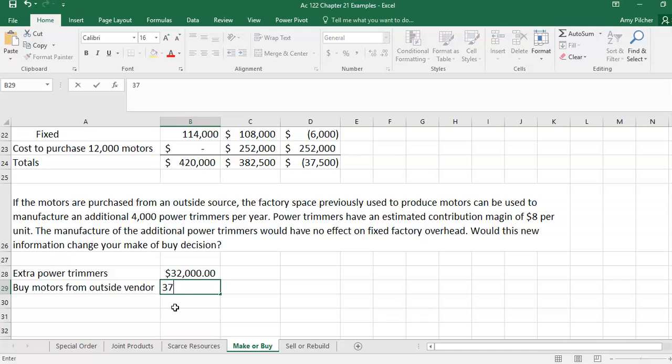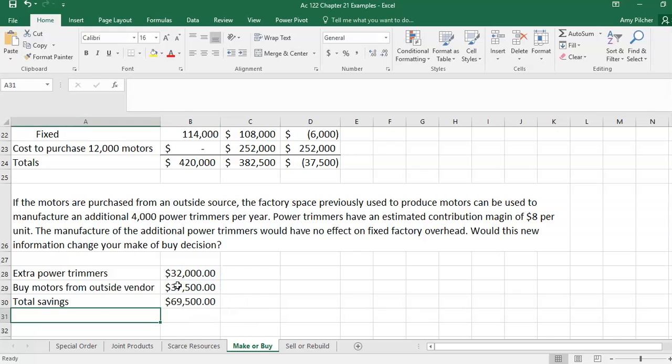That is going to save us $37,500. The total savings then, an opportunity cost for buying the motors from an outside vendor in this case, now raises to $69,500. So everything is better all around if we buy these from an outside vendor.